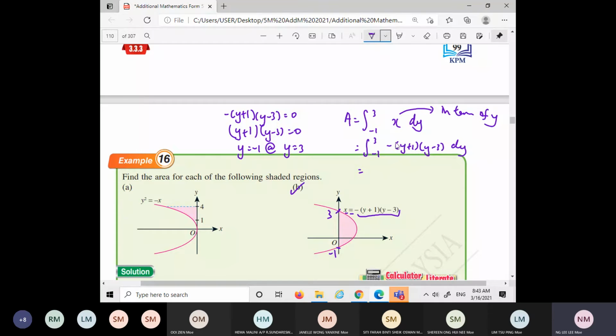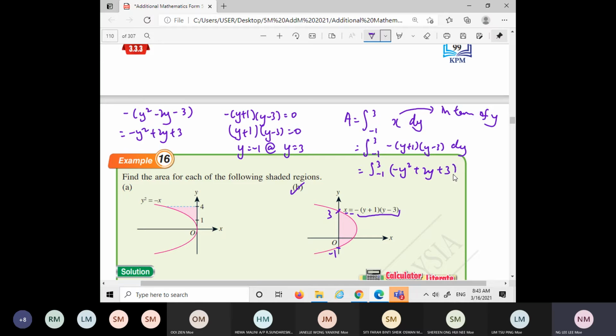Next, I cannot integrate this. I have to expand this. So the expansion, I will do it here. Plus 1 minus 3, minus 2. So negative, positive, positive. So the integration now becomes this.